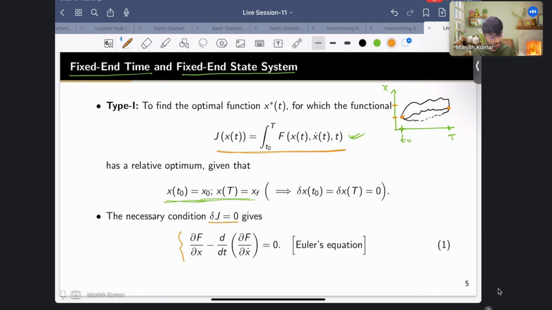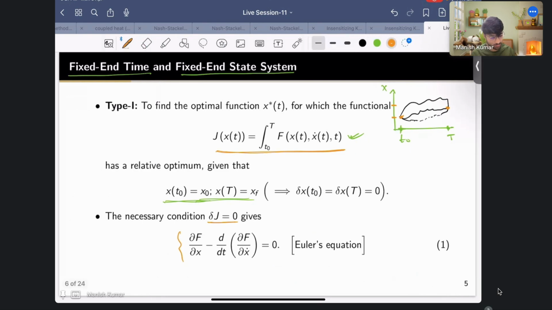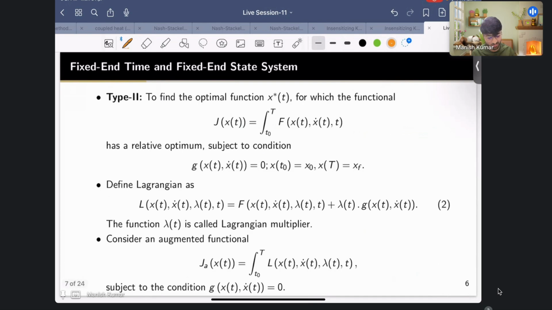Here x dot is basically the derivative of x, that is, d/dt of x. This condition is what you get in this particular situation. That's all about type 1.